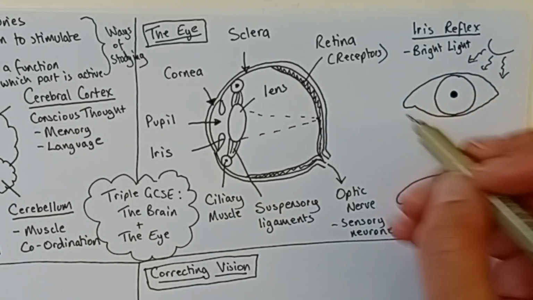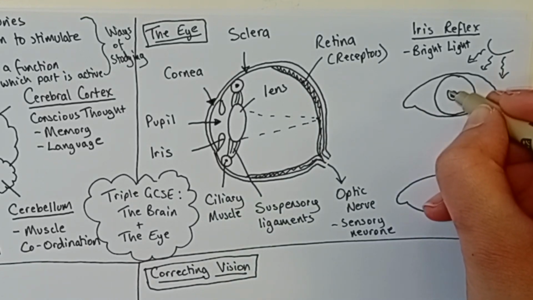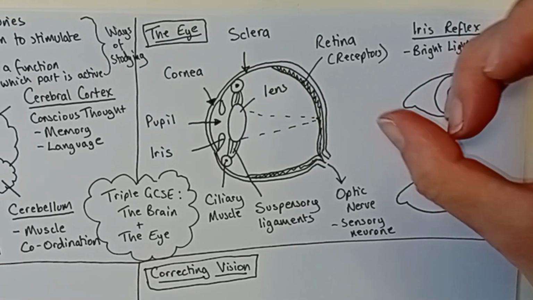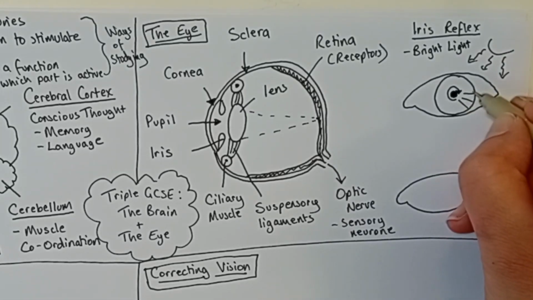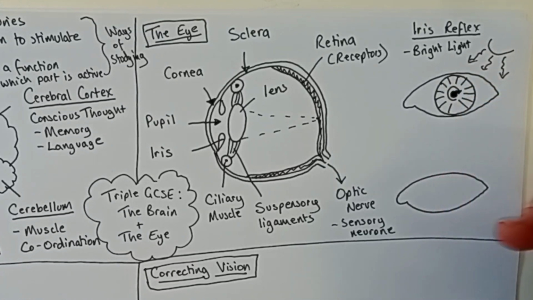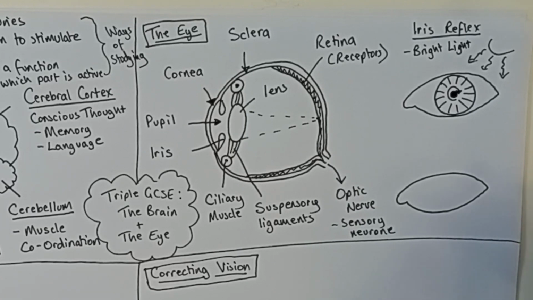In order to make the pupil small then, you've got a set of circular muscles here that squeeze in and contract. So they squeeze in, making the pupil small. You've also got a second set of muscles called radial muscles, and they relax, they stretch. So they stretch and make the iris wider.